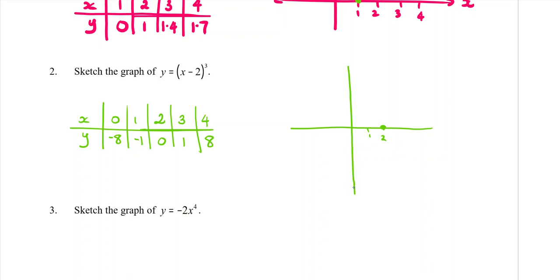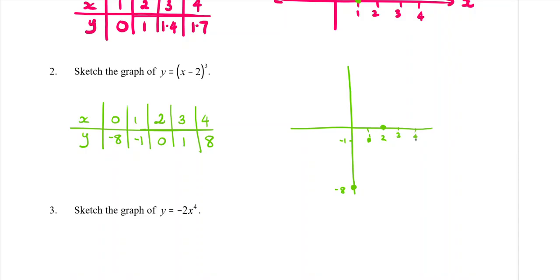But if I show on here, negative 1 can be about there, and negative 8 is going to be way down here. So at 0, negative 8, there's going to be a dot there. And at 1, negative 1, there's going to be a dot there. Go on the other side of my point of inflection.